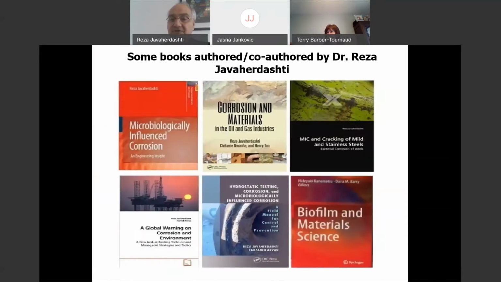These are some examples of books that I have authored or co-authored. For your attention, perhaps on the upper left, you see a red book that reads Microbiologically Influenced Corrosion and Engineering Insight. This book has been downloaded from the Springer website itself, I guess more than about 4,000 times so far.